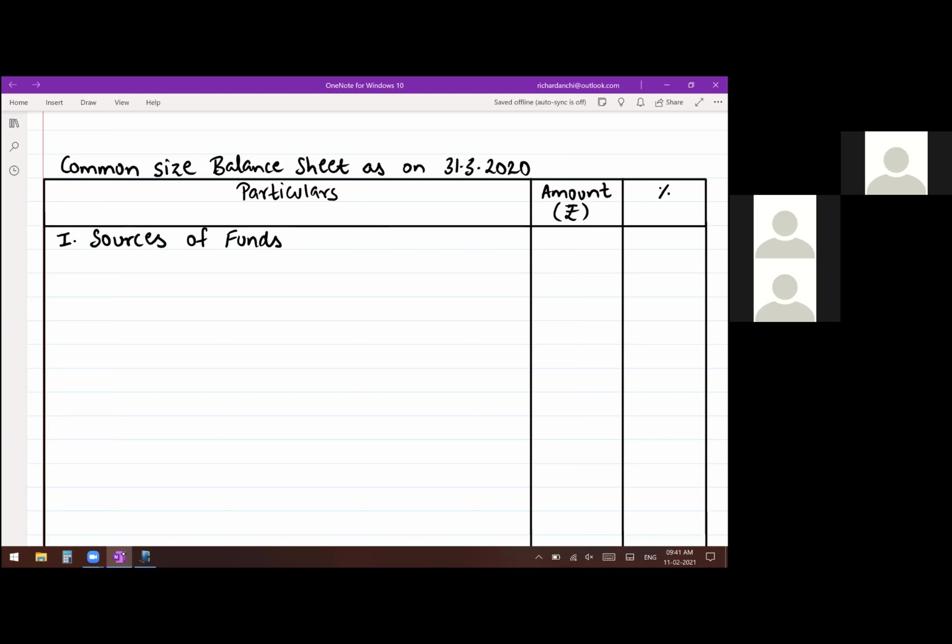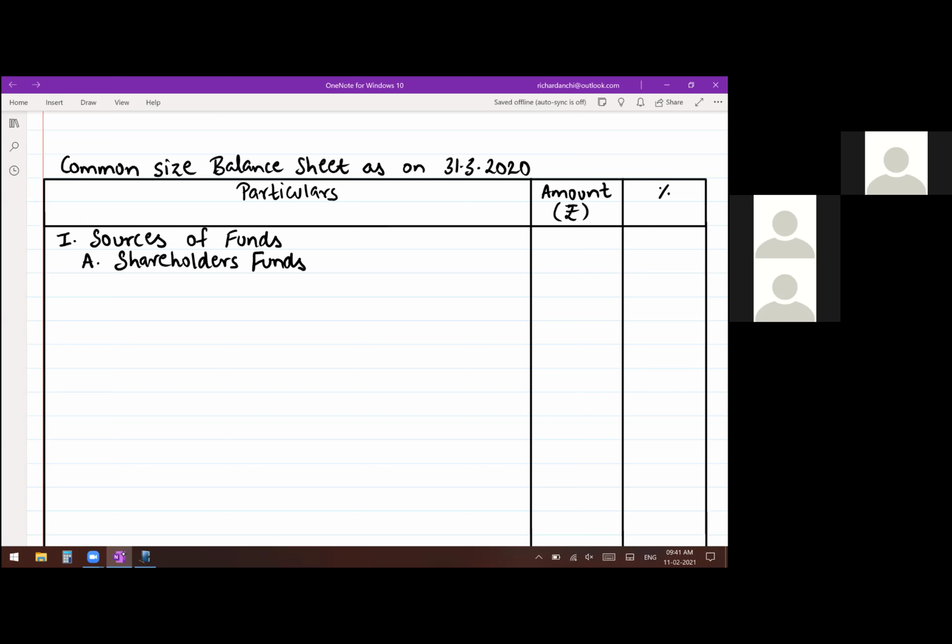Then there are only two sources, owners funds and borrowed funds. So point number A, write down shareholders funds. Under shareholders funds, two things are there, remember, capital and all your profits.